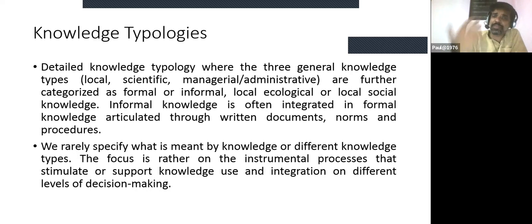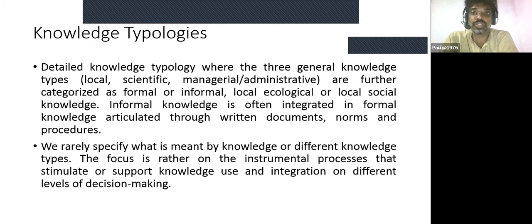There are taxonomies, there are typologies of knowledge, which I have already explained. They are local knowledge or scientific knowledge or managerial or administrative, further categorized as formal or informal, local ecological or local social knowledge.